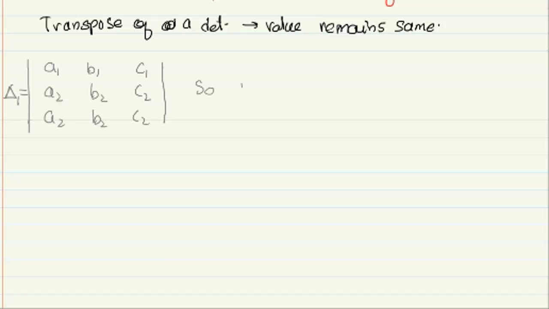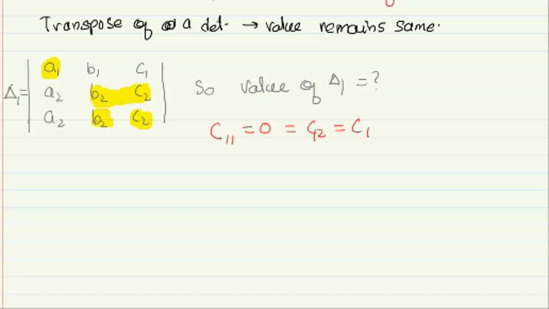So what is the value of delta 1? Check this A1, and this is its cofactor. What is this cofactor? C11 will be 0, and C12 and C13 also 0.